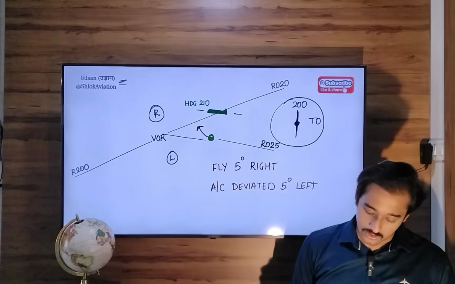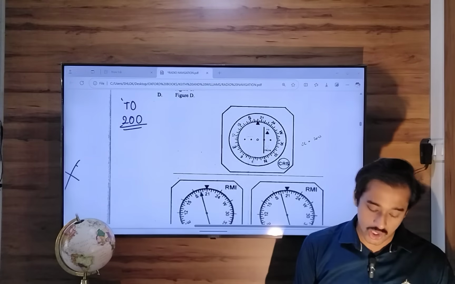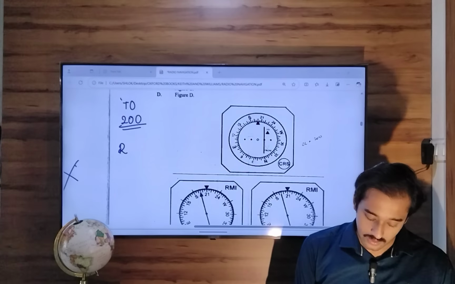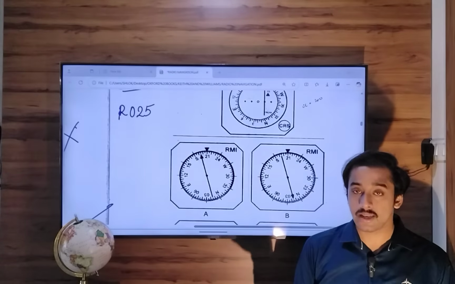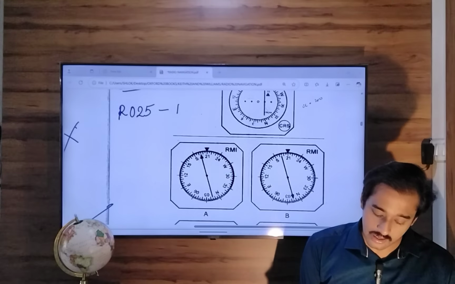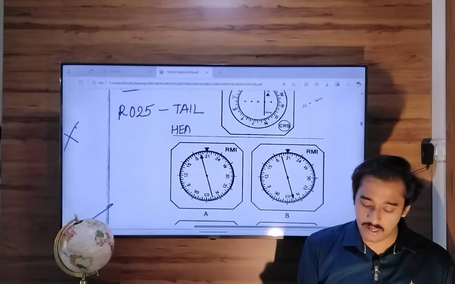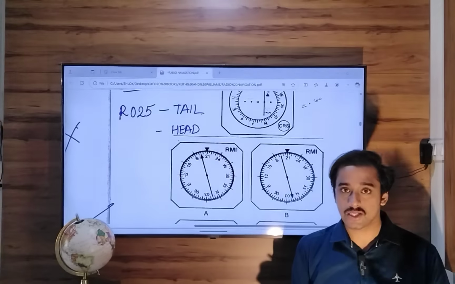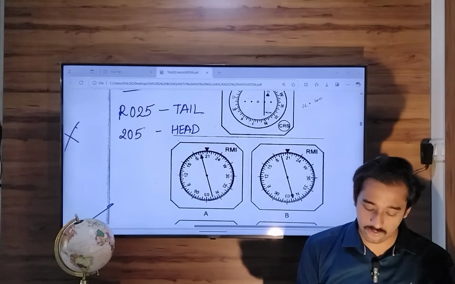Okay. So next thing is, we are currently situated on radial 025. So the RMI needle, the tail of the needle should be indicating 025 and the head of the needle should be indicating QDM, that is reciprocal of 025, which is 205.